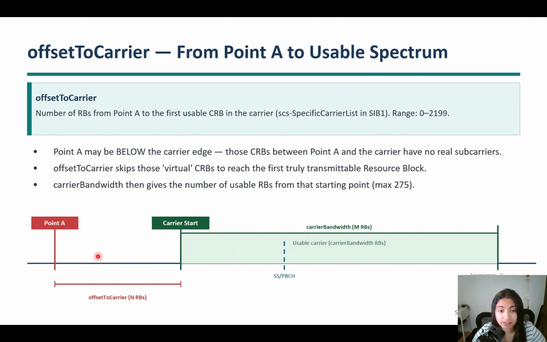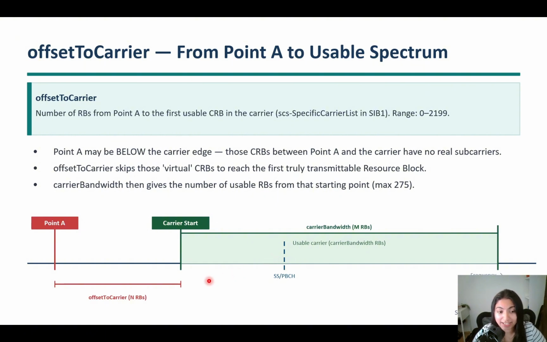This green block shows the carrier bandwidth, the number of usable resource blocks from the carrier start to the carrier end. The dashed line indicates the SSPBCH block, which is located somewhere inside the usable carrier bandwidth.